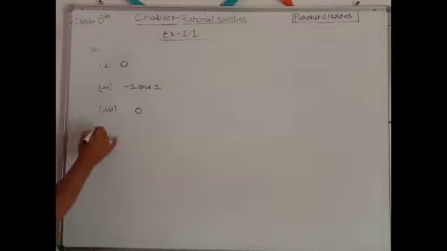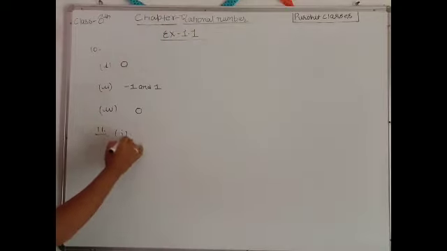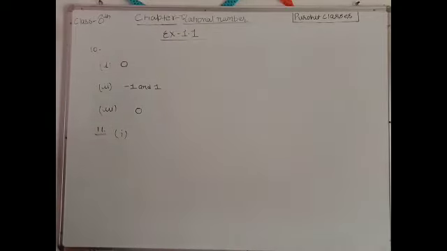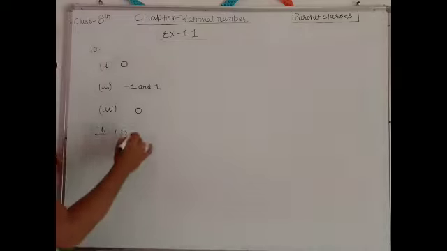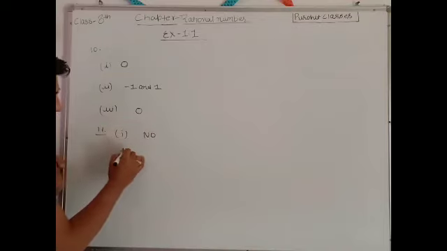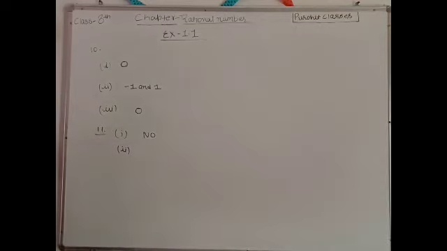Now question number 11, that is fill in the blanks. First one, 0 has dash reciprocal. What we have understood about the number whose reciprocal does not exist is 0. So 0 has no reciprocal. Second part, the numbers dash and dash are their own reciprocals.